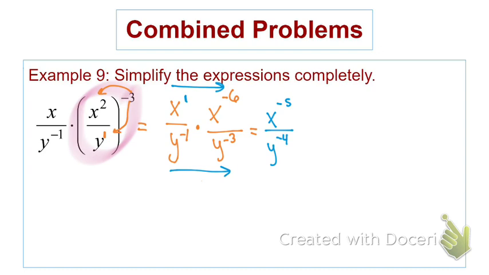And then our last exponent rule here is where we don't like to have negative exponents, so we're going to change their location in the fraction. So a negative exponent in the denominator moves to the numerator and becomes positive. A negative exponent in the numerator moves to the denominator and becomes positive. So that's our final answer here. Y to the 4th over x to the 5th.